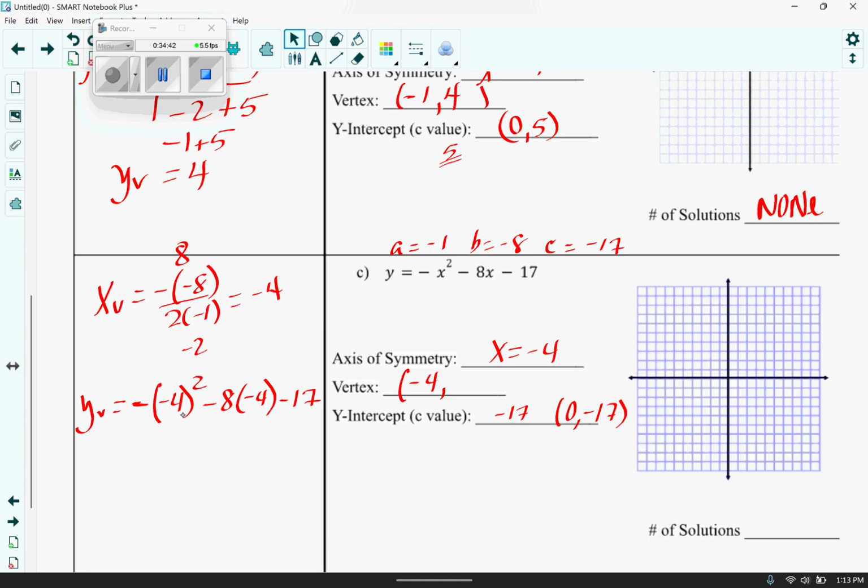So now negative 4 squared is 16. So that's 16, but then it's negative, so it's negative 16. And this negative and negative makes a positive 32. So this gives me 16 minus 17, which is negative 1.